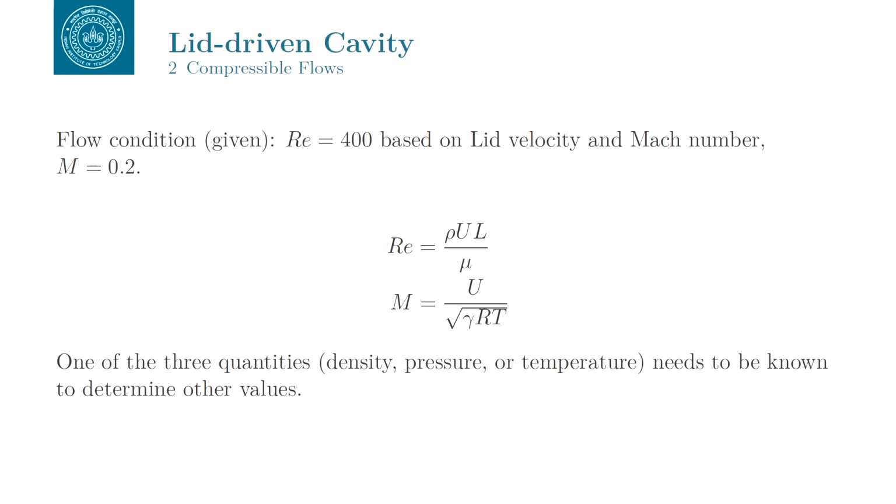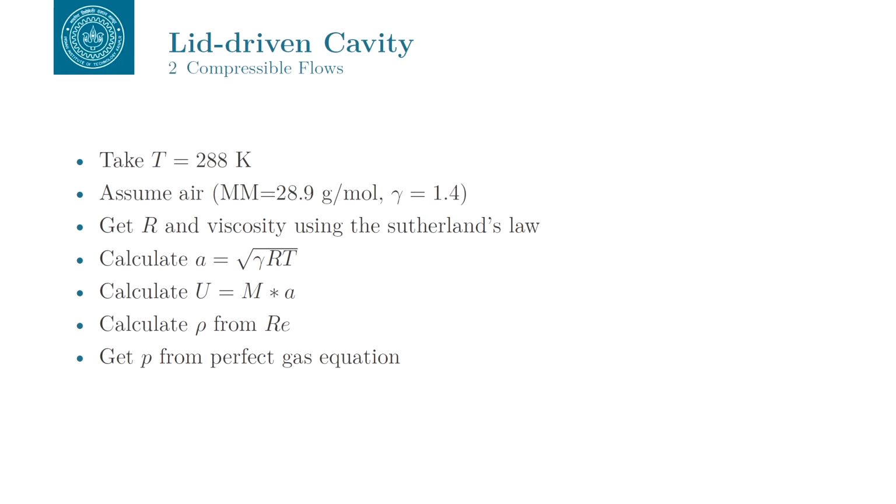Remember, you cannot give an arbitrary value of the pressure in the compressible flow solver, because that is a thermodynamical quantity, and that has to be correct, accurate. So, in this case, for example, I have taken temperature equal to 288, assuming air is the medium. The molecular mass is around 29 gram per mole, gamma is 1.4. So, these things are fixed.